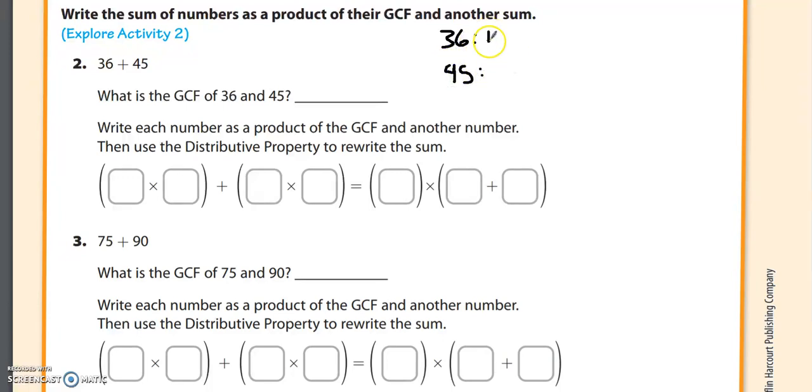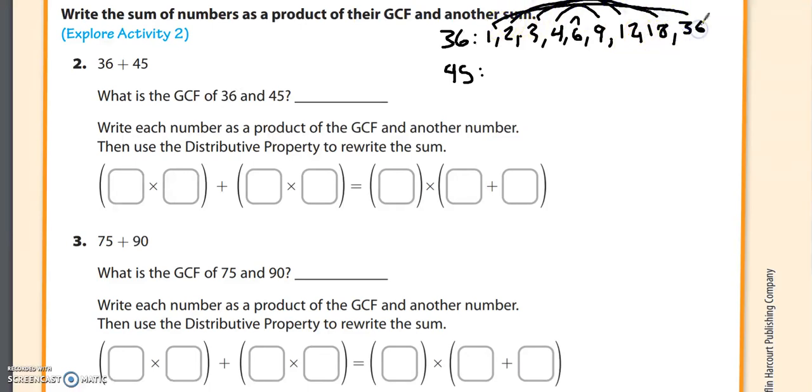Factors of 36 are 1, 2, 3, 4, 6, 9, and then we could do our rainbow method here. It's going to be 6 times 6 is 36, 4 times 9, 3 times 12, 2 times 18, and 1 times 36. So that's all the factors of 36.